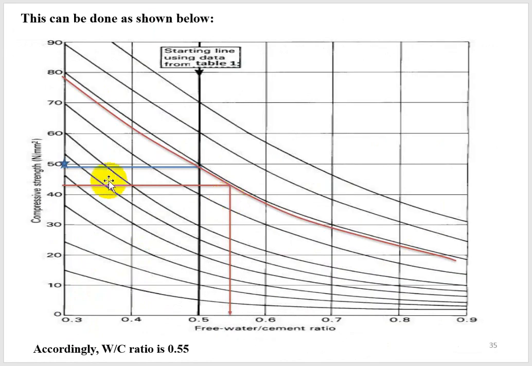So once we get that amount, then we could just draw it and intersect that line with that vertical line corresponding to the water cement ratio at 0.5, and then we draw that curve parallel to other curves, and then we use the target strength and cross it with the new curve we have drawn using that information provided with the 49, and then as a vertical drop to the x-axis, we get the water cement ratio, which is about 0.55.